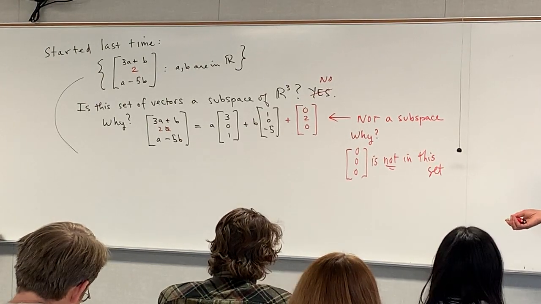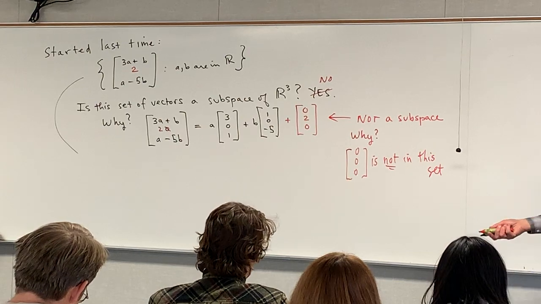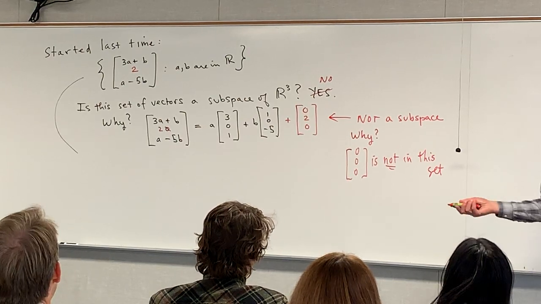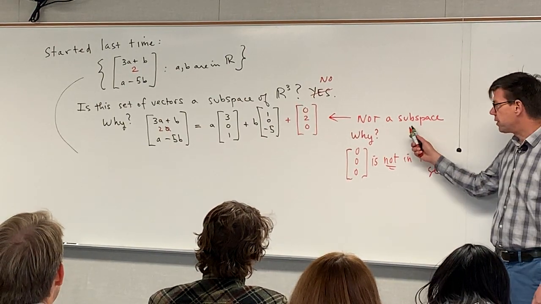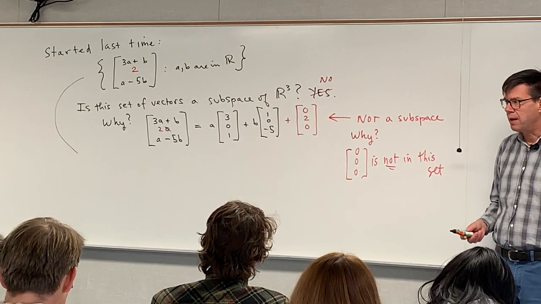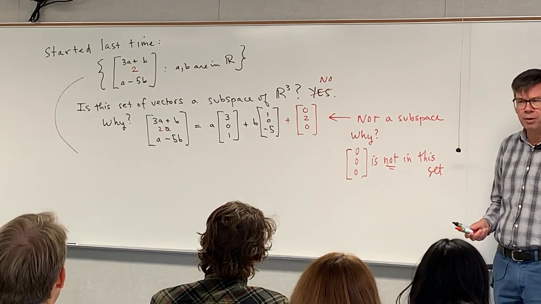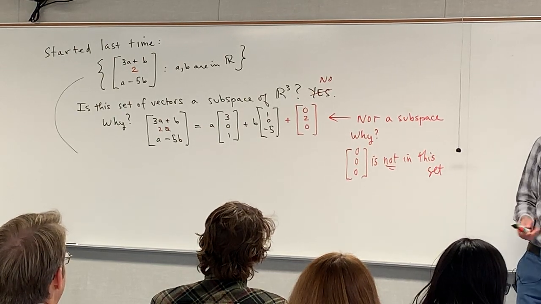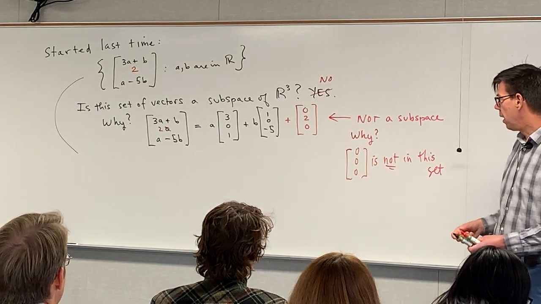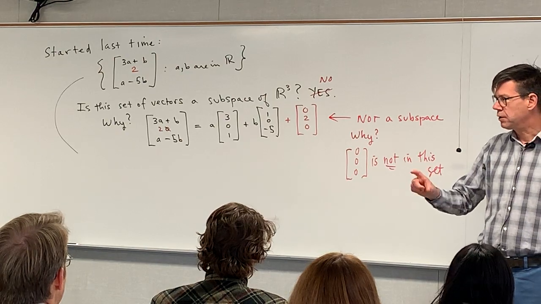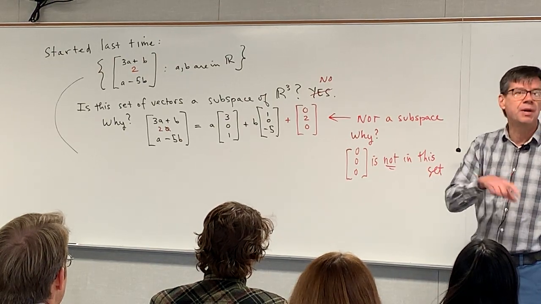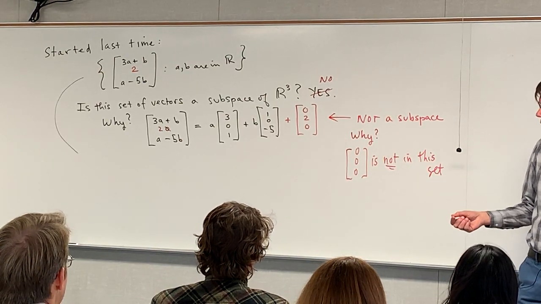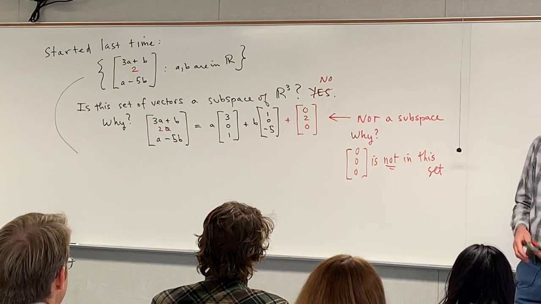Sometimes you've had homework problems, right, where you showed a subset was not a subspace in other ways, right? Wasn't there a couple homework problems where sometimes one of the other properties was not true, where the sum of 2 vectors in the set was not in the set, or a scalar multiple of 1 was not in the set.